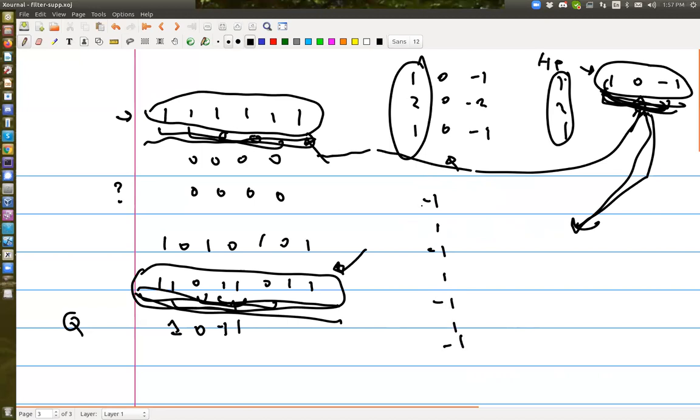Actually, I don't think it's a high pass. Yeah, you can say it's a band pass. Strictly speaking, it's really a band pass filter, because it's really like this.